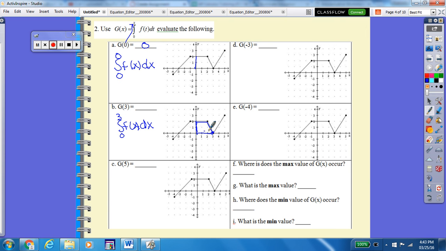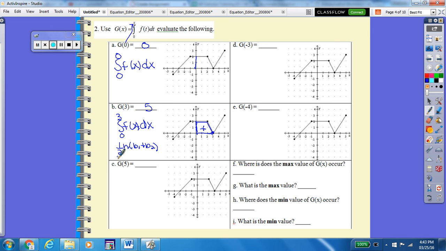In this case it's going to be a trapezoid. And we already know that that area is going to be positive. And so I can use my formula for trapezoids, 1/2 the height times the sum of the bases. And if I use that and compute it, I'm going to get an answer of positive 5. The height, of course, would have been 2. The bases would have been 2 and 3. It's going to give me 5. Again, positive.